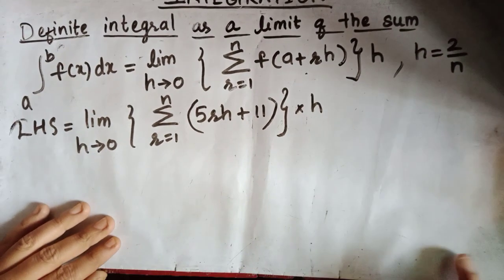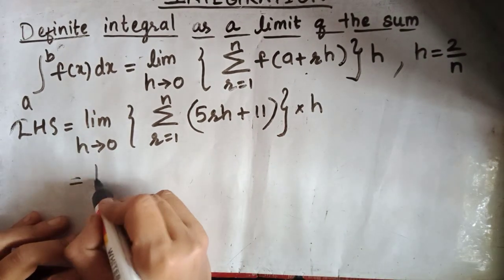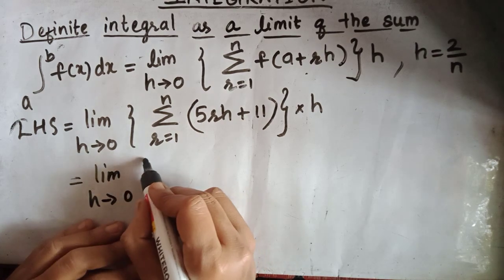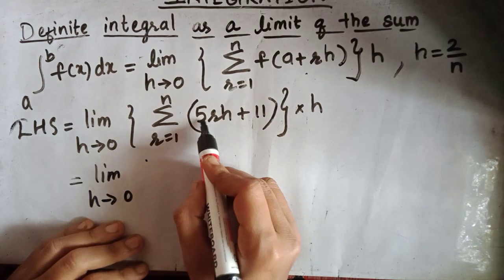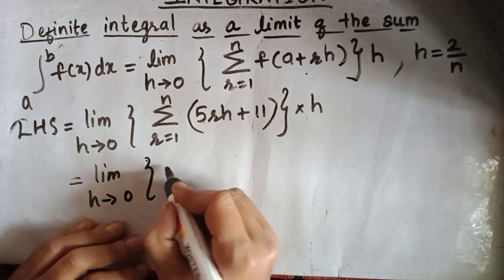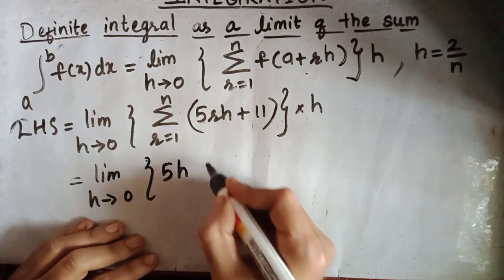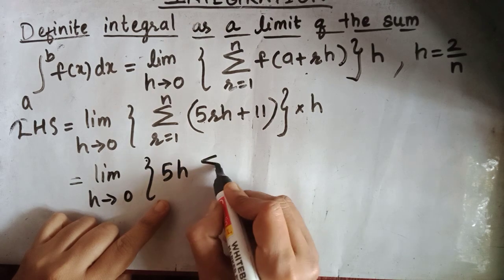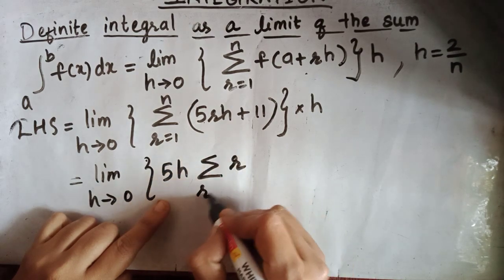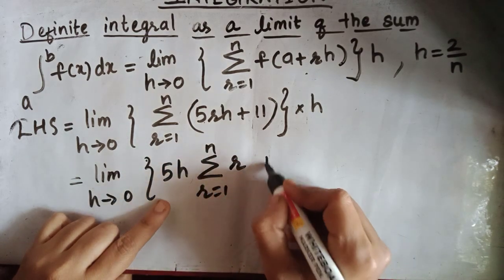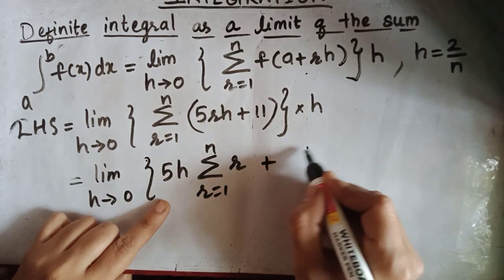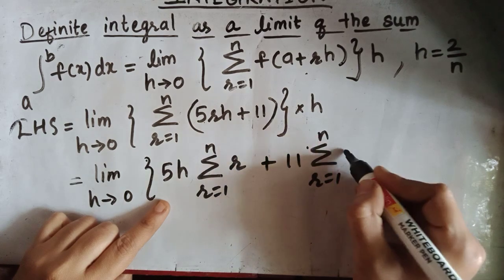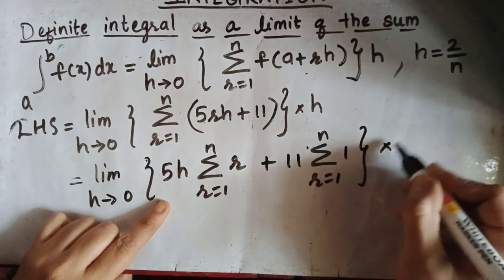Now let's solve this. Limit as h tending to 0. You can take out 5, and also h, because the summation is over r. So summation r from 1 to n of r, plus 11 you can take out, summation r from 1 to n of 1, into h.